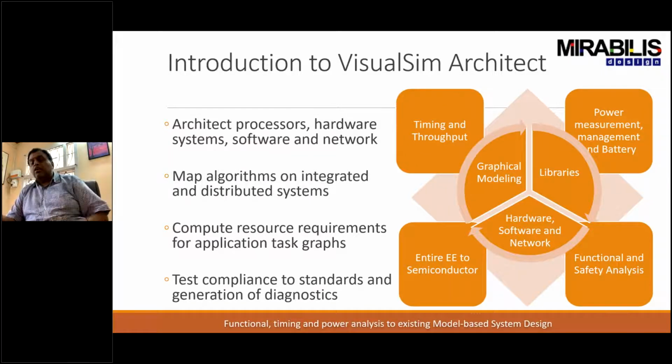The other thing is really you're looking at, I've got these task graphs for my software. What is the complete resource requirements? How much of resources do I need to effectively continue running the system? Now, computing the resource requirements is very critical, especially if you have a very high-level software, a very high-level task graph description of your system.